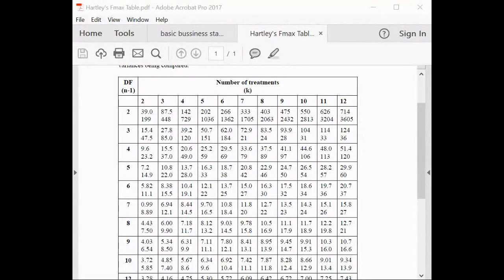Can someone use the mic? Anyone who wants to explain how we got the value? 6.94. How did you get it? Can someone explain how we got 6.94?